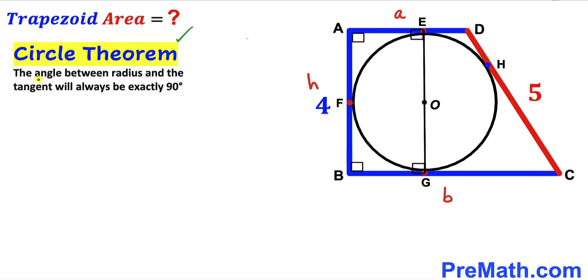According to this theorem, the angle between the radius and the tangent line will always be exactly 90 degrees. So this angle has got to be a 90-degree angle, and likewise this one as well, since OE is our radius and this is our tangent line, and likewise OG is our radius and this is our tangent line as well.